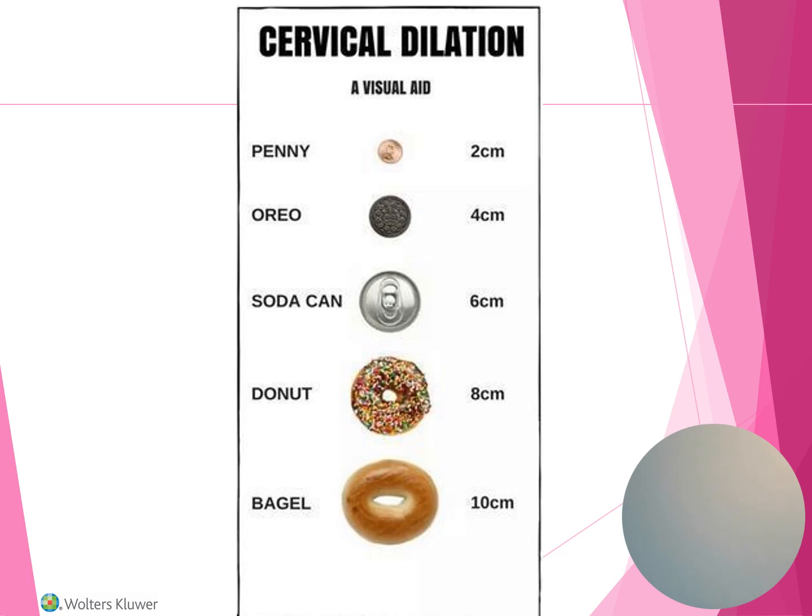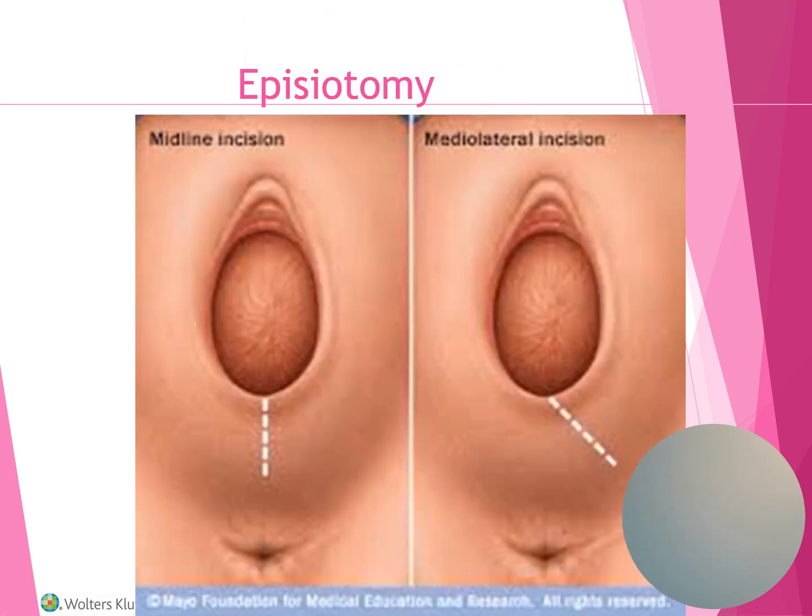This is just a visual to show you what the opening of the cervix is like with the different dilatations. Sometimes it's necessary at delivery for mom to have an episiotomy. It's a surgical cut by the healthcare provider to enlarge the opening of the vagina.